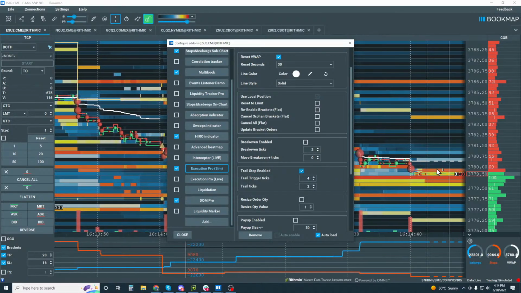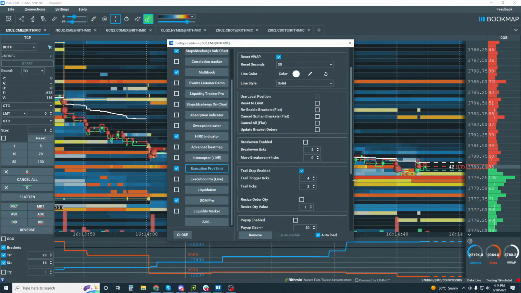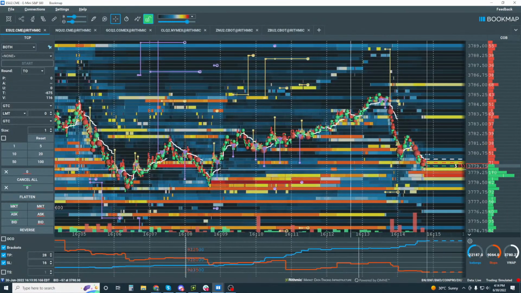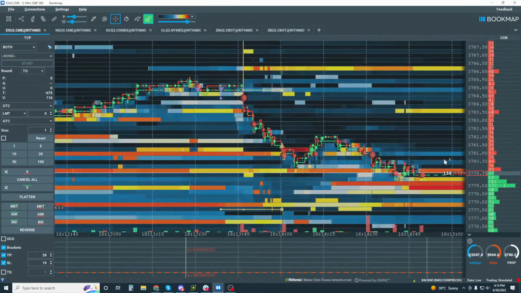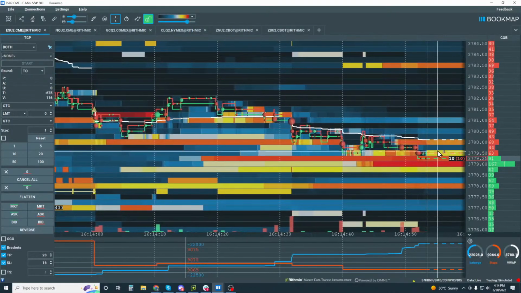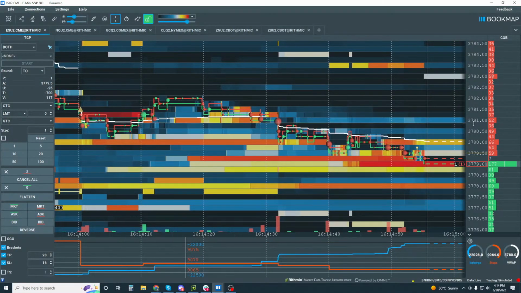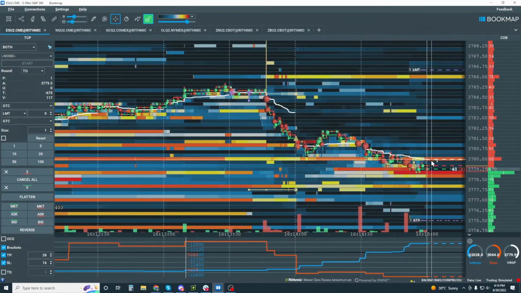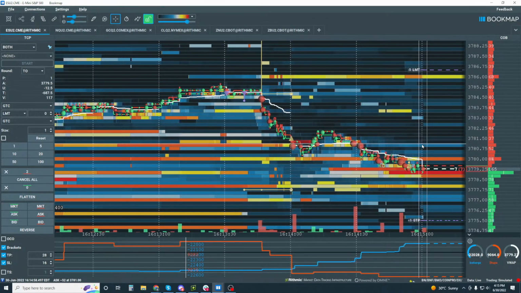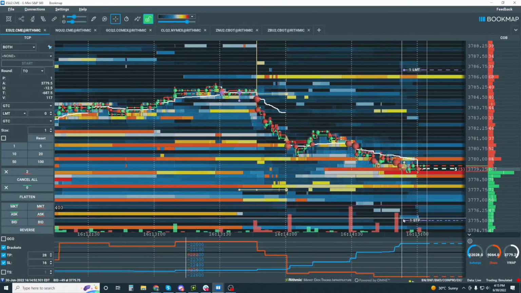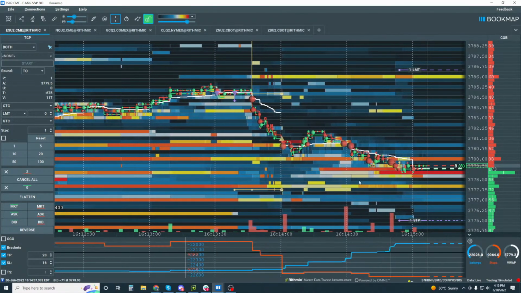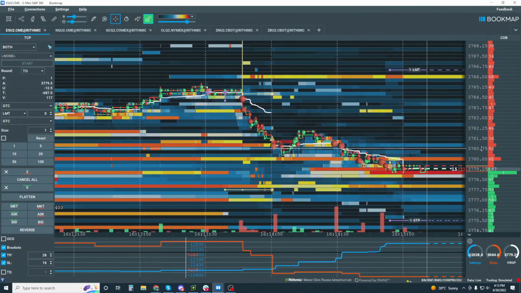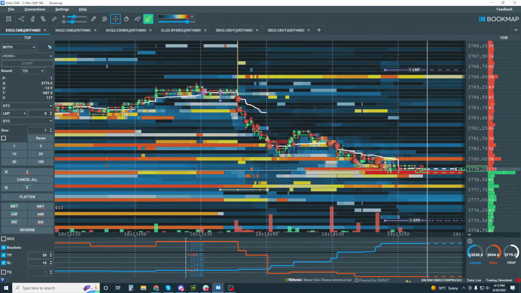I don't know if we'll be able to demo this, but we'll give it a shot and see if it works. Let's see if we can get a range bound trade back into it here. We have some icebergs. Come on, buyers. We'll just give this a shot for a moment, guys.